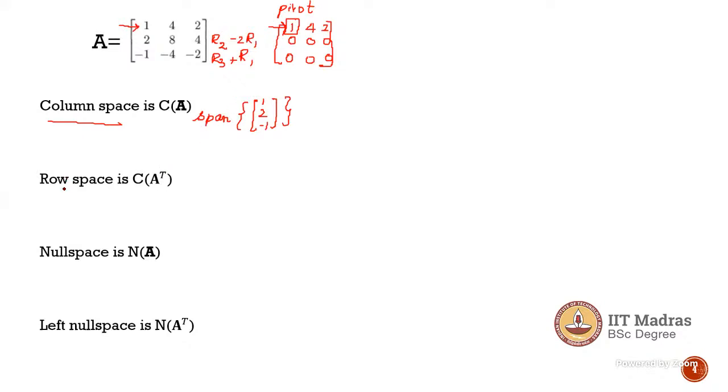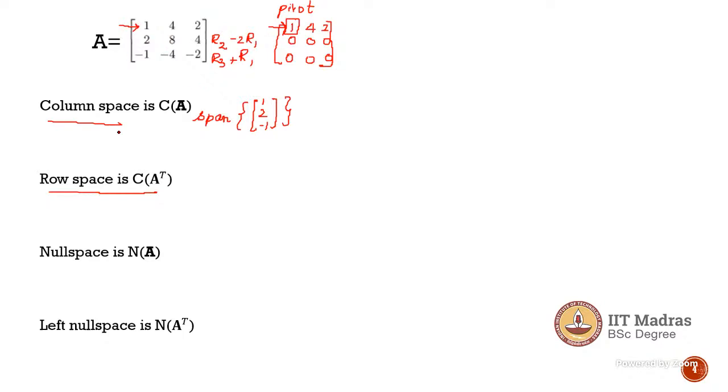No, that is used for finding the row space of your matrix. The row space can be formed here.